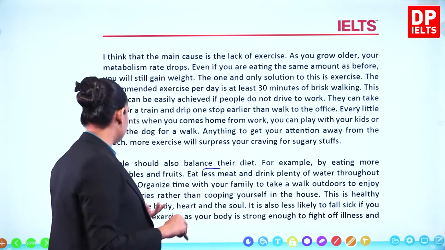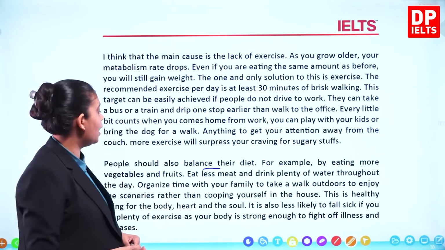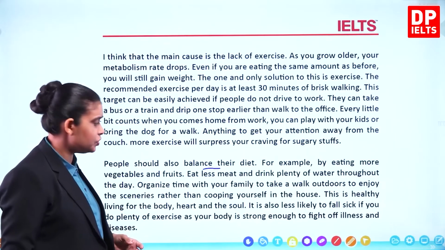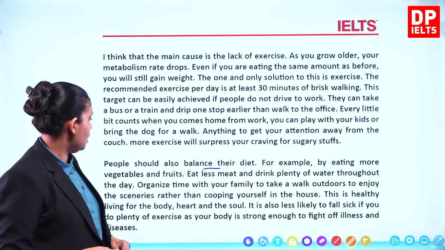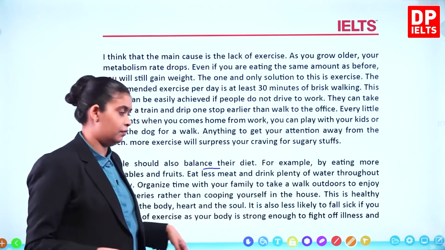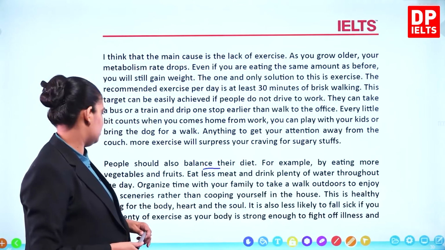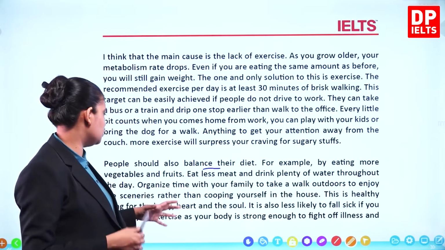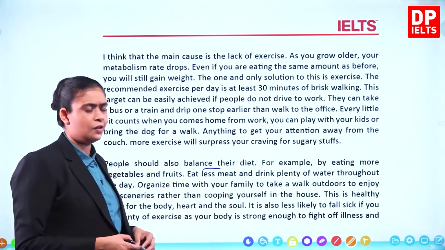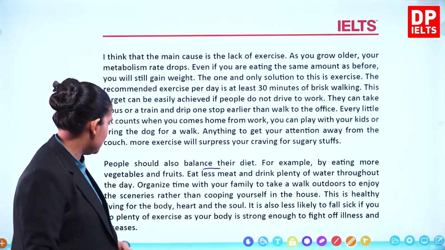For example, eating more vegetables and fruit, and also eating less meat and drinking plenty of water, okay? And then "cooping up", it should be "coping", right? I'm not sure what the student tries to explain here. Seems to be a bit out of the context as well, right?